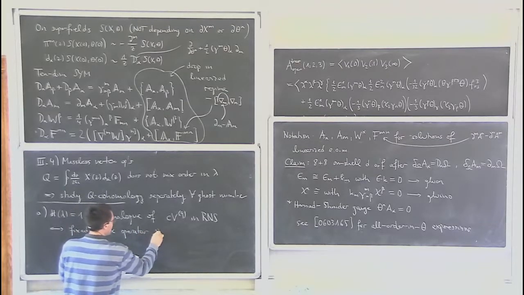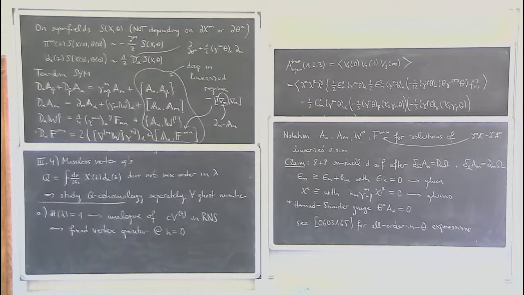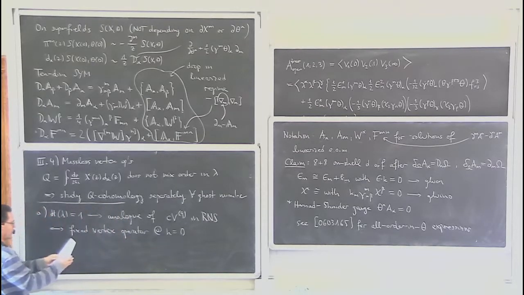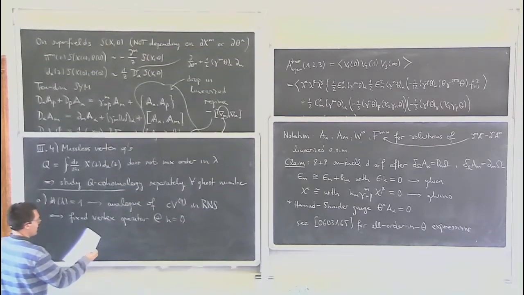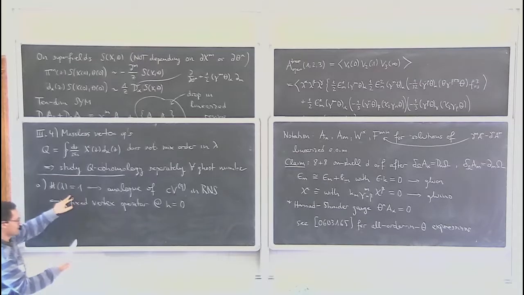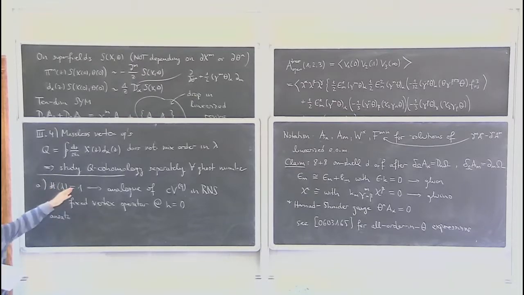So this must be of conformal weight 0. Without integration, the only way to be conformally invariant is to have conformal weight 0. Okay, so what can I do at conformal weight 0 and ghost number 1? Let's make an ansatz. What is the most general expression that is compatible with these boundary conditions?